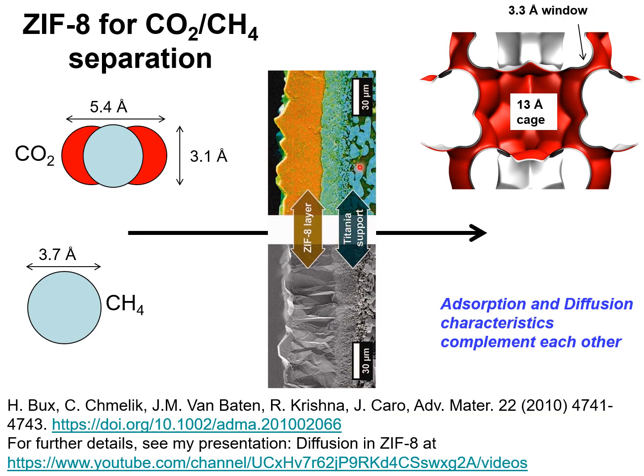Let's see how a microporous membrane is constructed. Take the example of ZIF-8. It consists of cages of 13 angstrom in diameter, and each cage is separated from adjacent cages by narrow 3.3 angstrom windows.